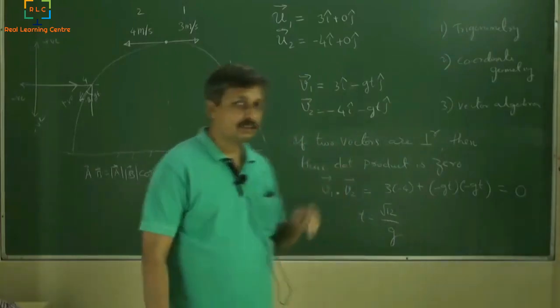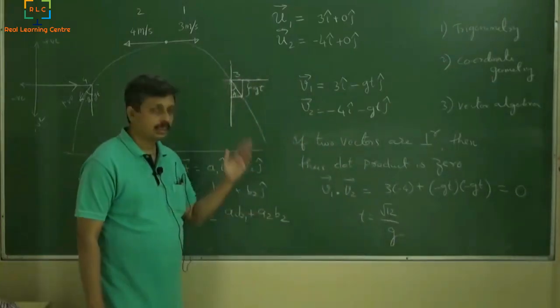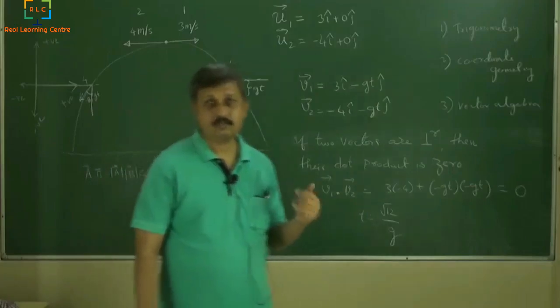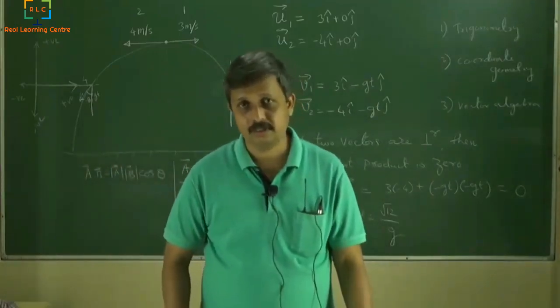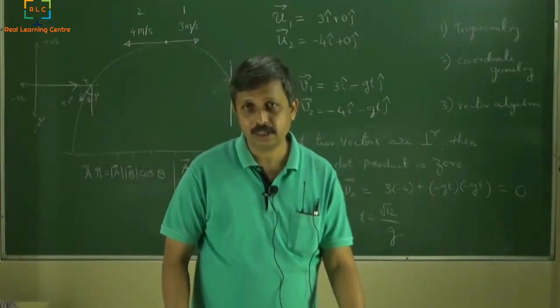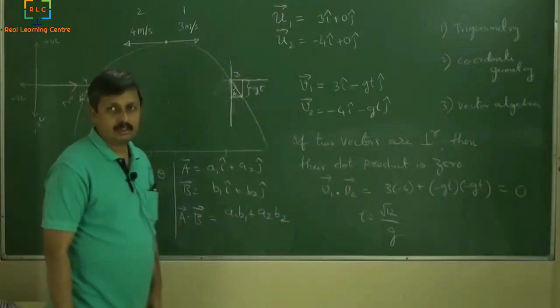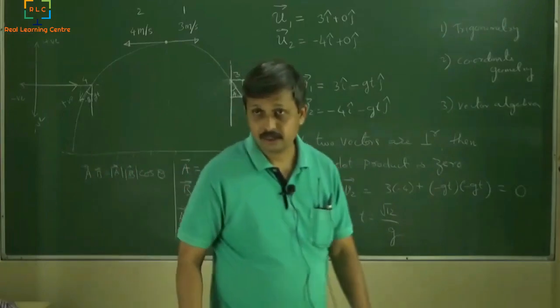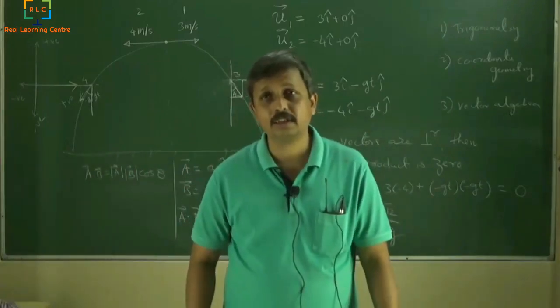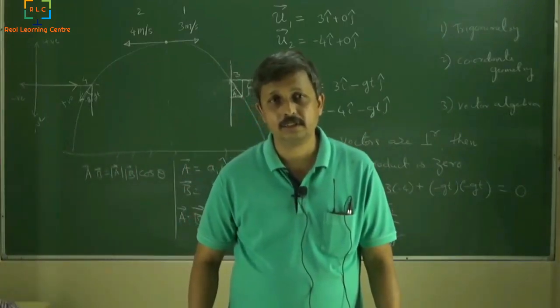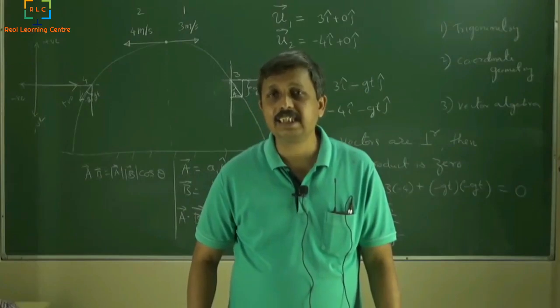Third one is dot product is 0. Dot product of two vectors, if it is 0, then they are perpendicular. So with these three things we learned.